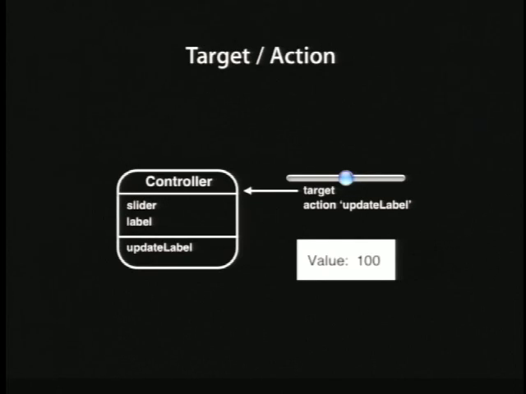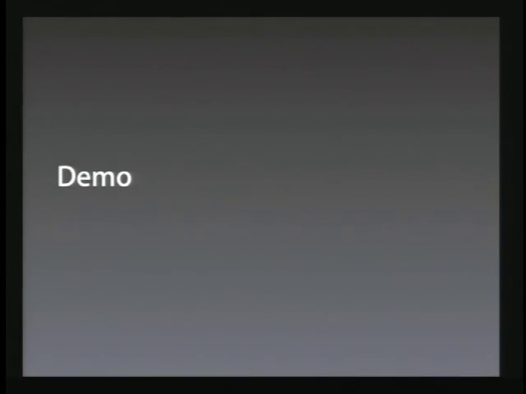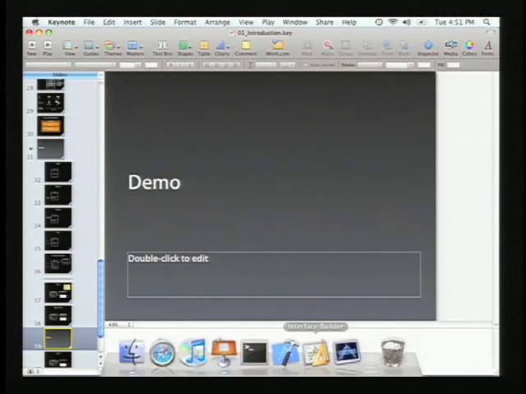So in this case, we've got a slider here, and the example that I'm going to show you is as you move this slider around, we want this value to change. So we're going to tell our slider on the UI to call the update label method on our controller object. And it's really easy to do. So here we get into the demo. We're actually going to start from scratch with this.